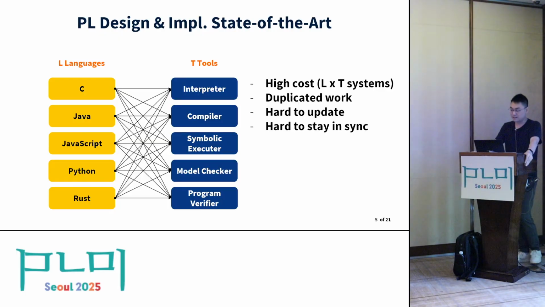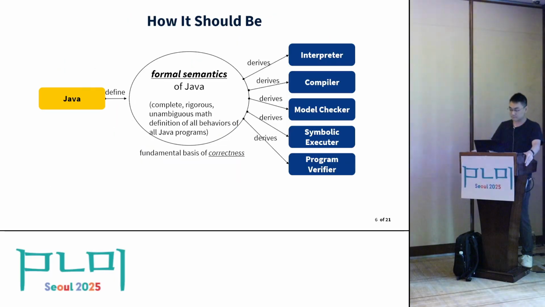So this is the state of the art, and what we would like to do here is take a step back, look at this problem and see if there is a better way to approach PL design and implementation. This is what we believe PL design should be. Let's still take Java as an example.